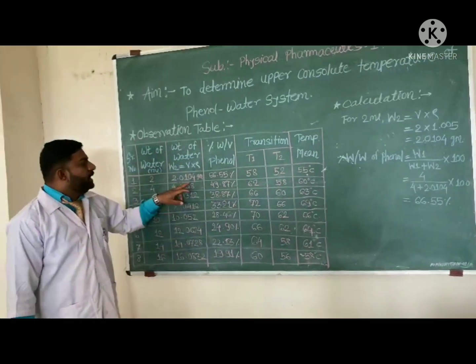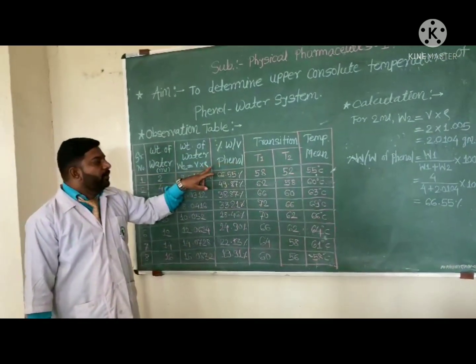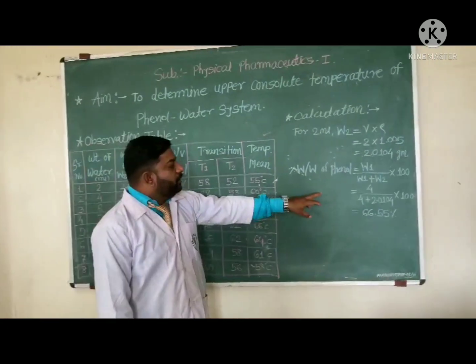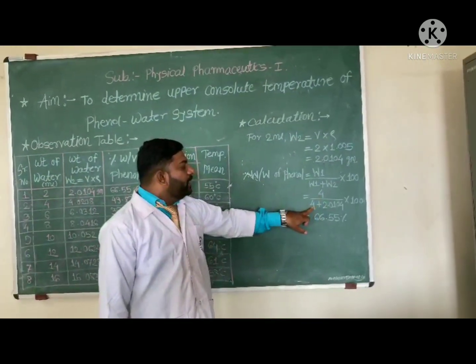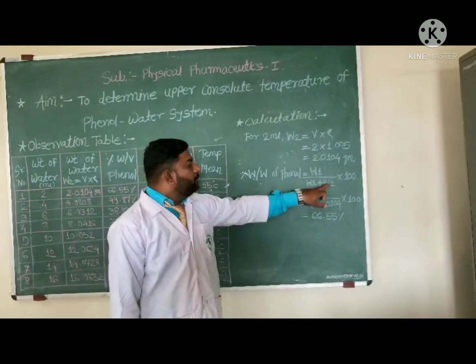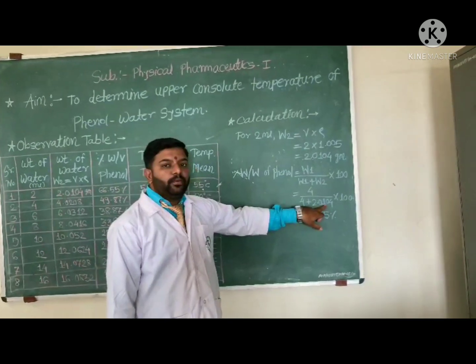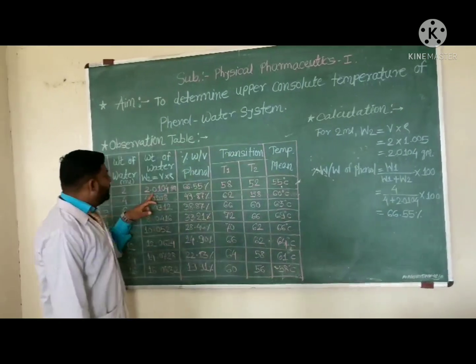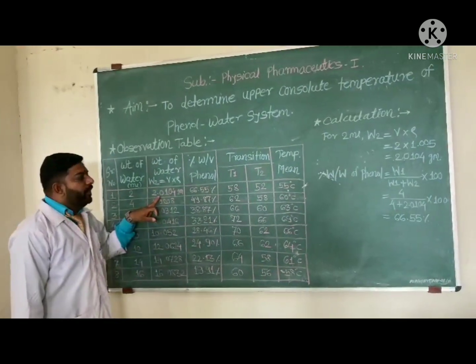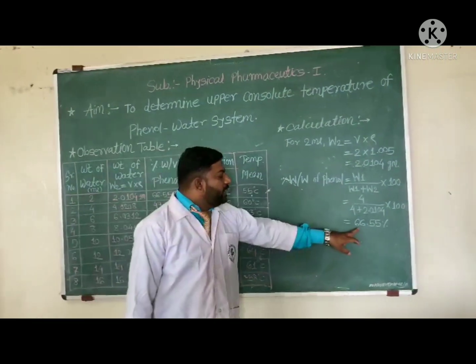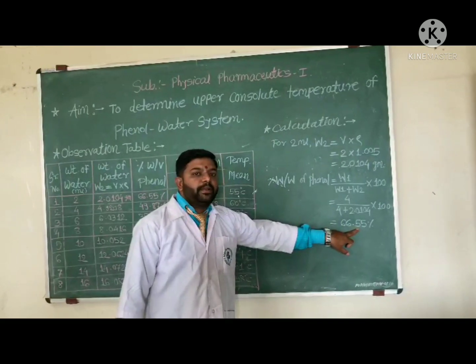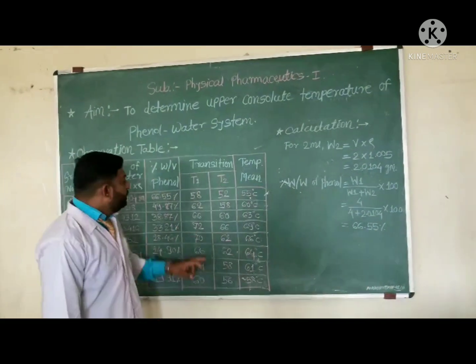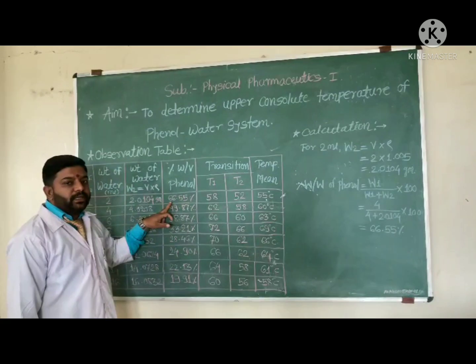In the first reading, we have W1 4 gram divided by W1 4 gram plus W2 2.014, into 100. We get the final reading 66.55% weight by weight of phenol. This will be written in the observation table.